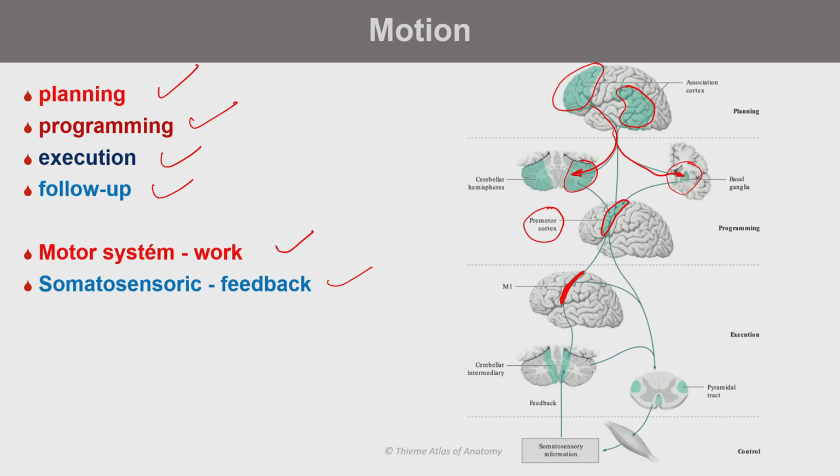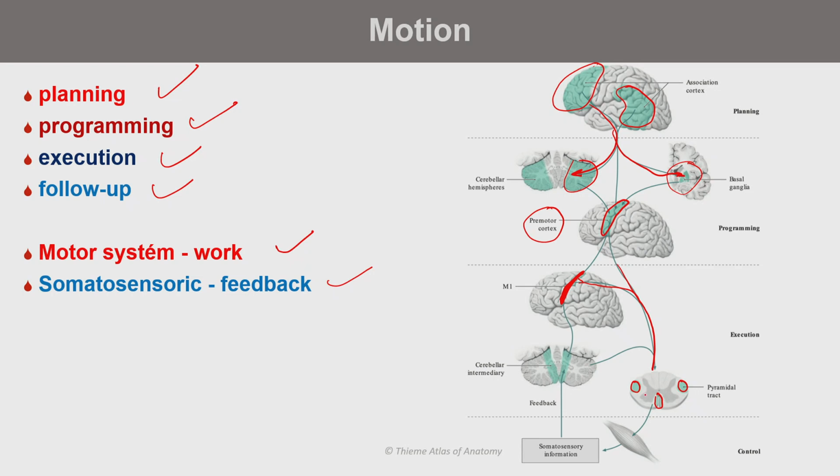Precentral gyrus contains the giant Betz pyramids, and axons of those pyramids then send the guiding impulses into the spinal cord, and the spinal cord then conducts the information in two parts, in pyramidal tracts, lateral corticospinal and anterior corticospinal tract, to the spinal cord.